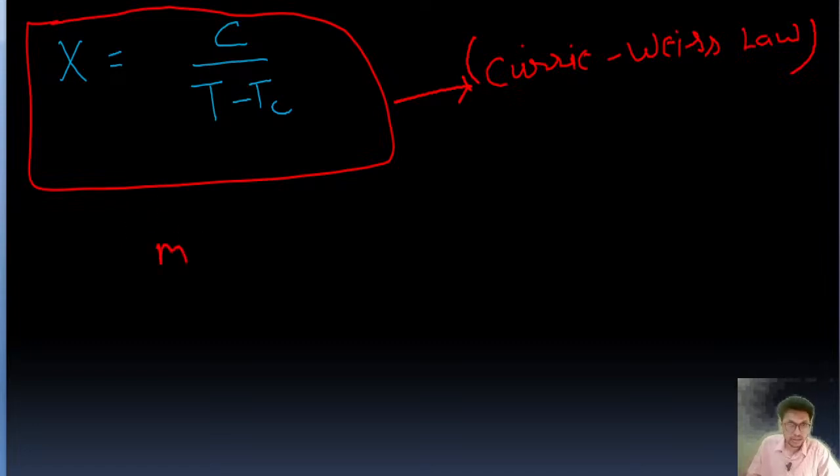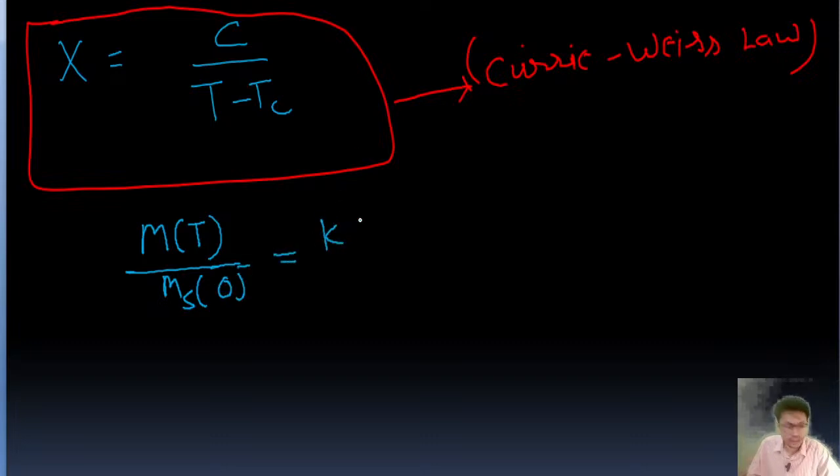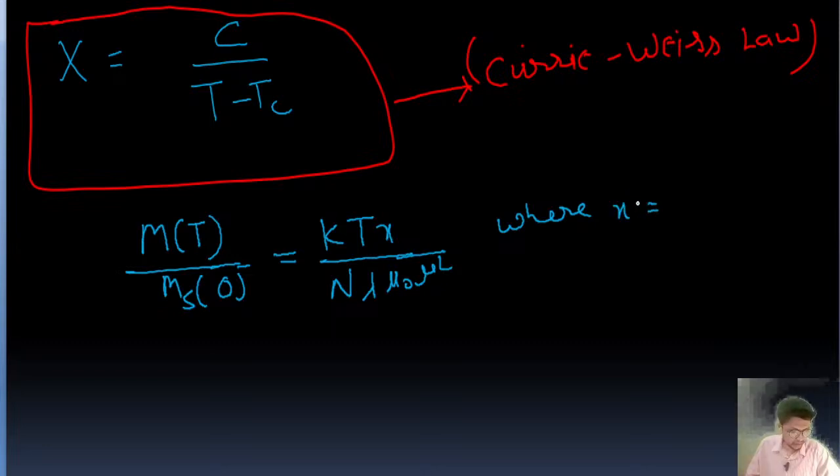And here, guys, M upon the saturated magnetization at 0 Kelvin, that is, the magnetization at temperature T Kelvin, is equal to kT x upon n lambda mu 0 mu squared, where the x value is mu B upon kT.